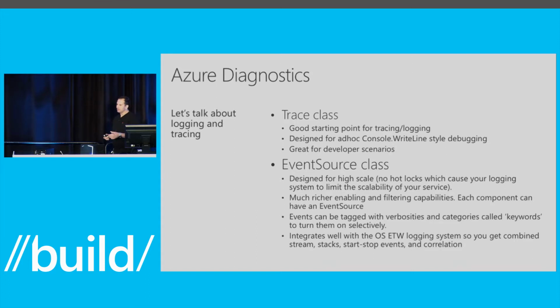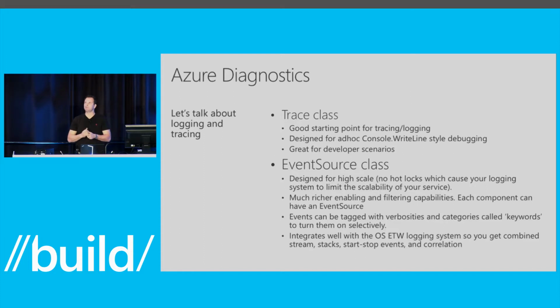It's designed for high scale, but more importantly, all the operating system components on a Windows system are using it. So think about it: you run multiple processes and multiple services on your virtual machine, or your instance. You just want to have one source where you get your trace statements from, because eventually you could even correlate those events. And this is what ETW event source gives you as an offering.